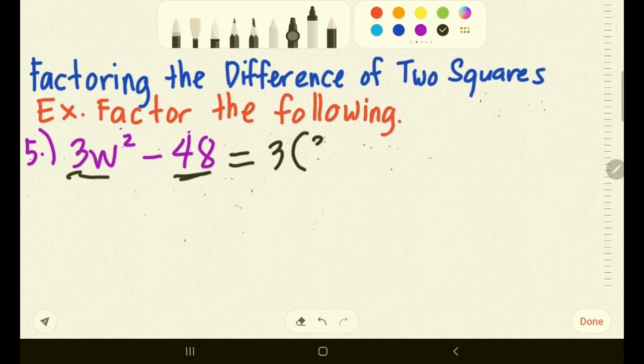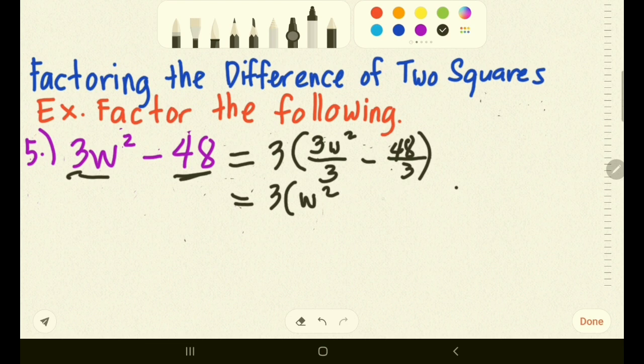You divide each term by the GCMF, which is 3. So you have 3 multiplied by 3w squared divided by 3, that is w squared, minus 48 divided by 3, that is 16.